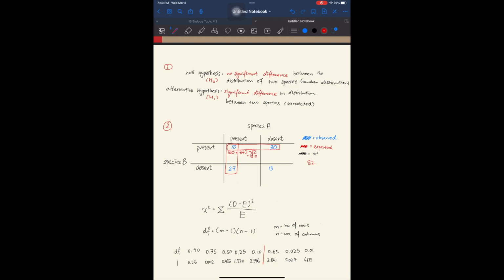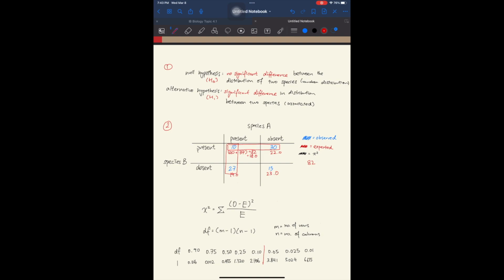So that's the expected value. For the sake of time, I've already done the others before I recorded this video. For this one, it's 22. For present species only species A, it is 19.0. And for all species missing, it will be 23.0. Okay, so we have the expected values.